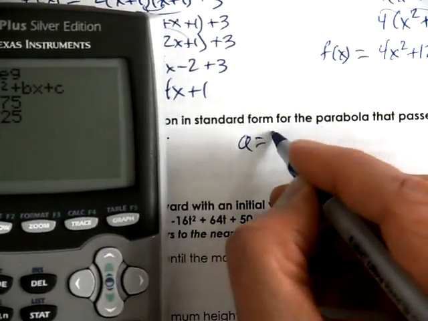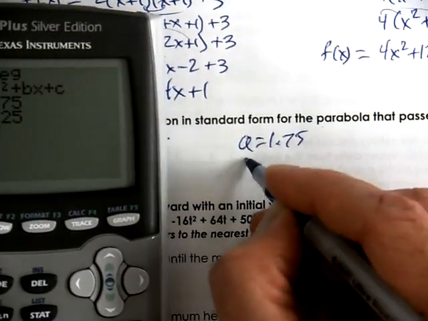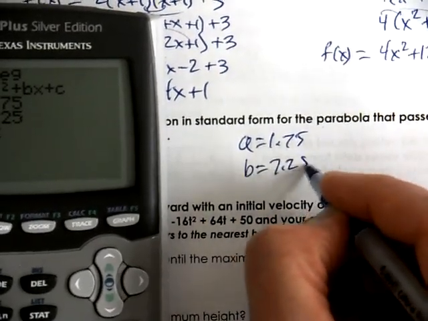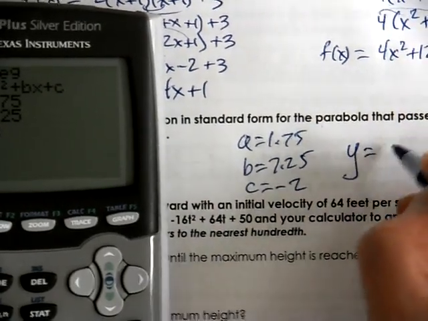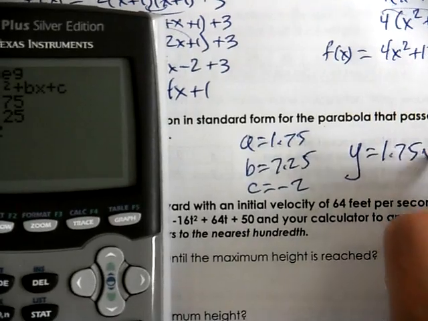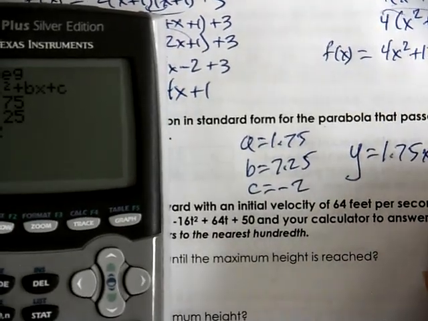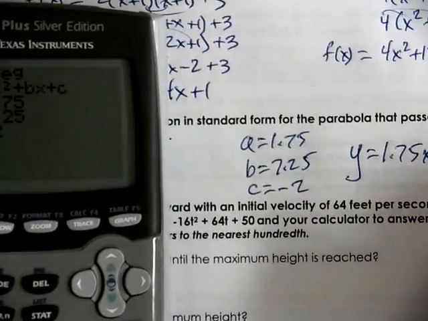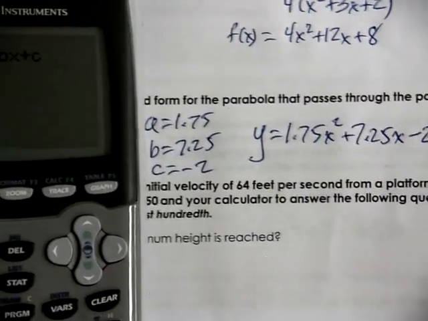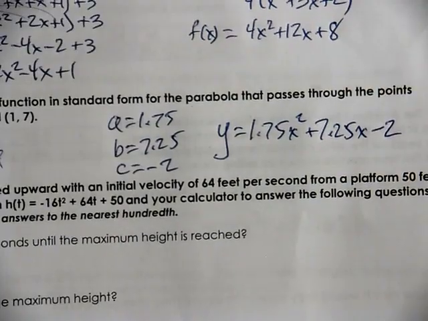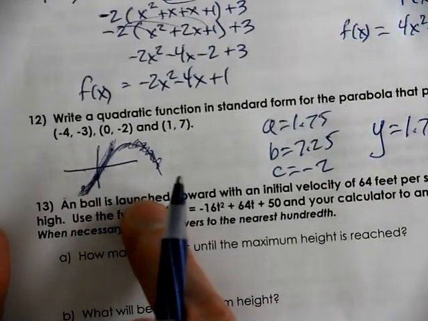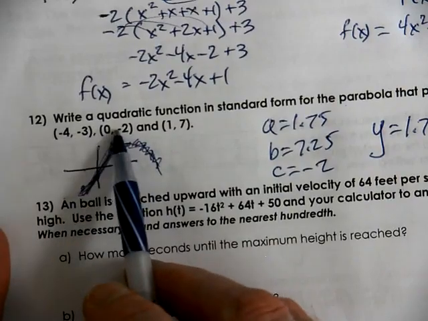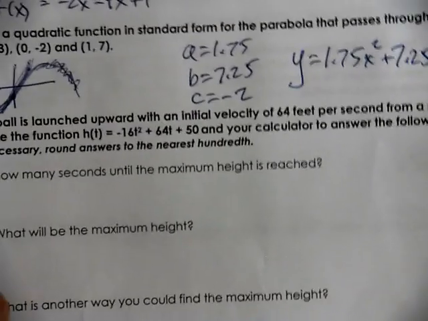The A value is 1.75, the B value is 7.25, and the C value is -2. Y equals 1.75x squared plus 7.25x minus 2. That's going to go through these 3 points. We used a calculator to help us do that.